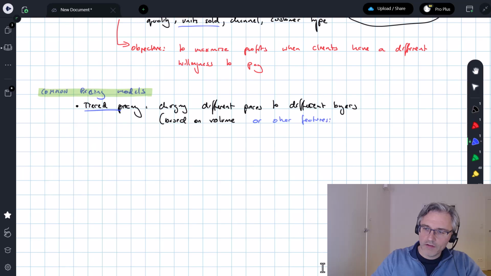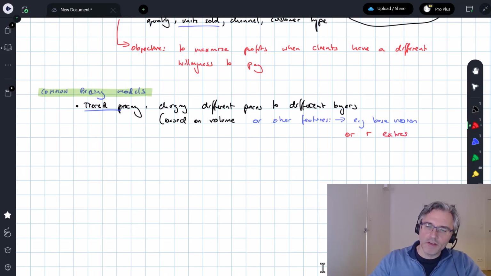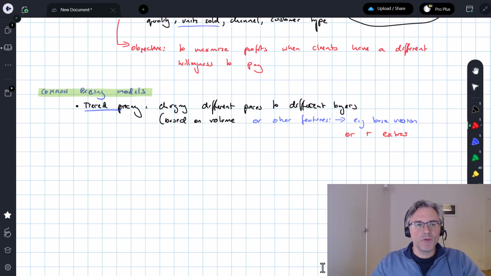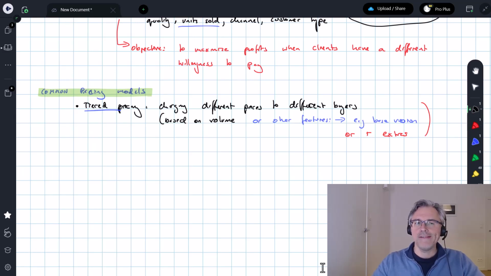For example, very commonly you'll have a base version of a product or service, or you could decide to buy the base version with some extras. Those extras, by the way, are not always worth the extra price, but some people are just happy to pay the higher price, and that's a very simple way of differentiating.